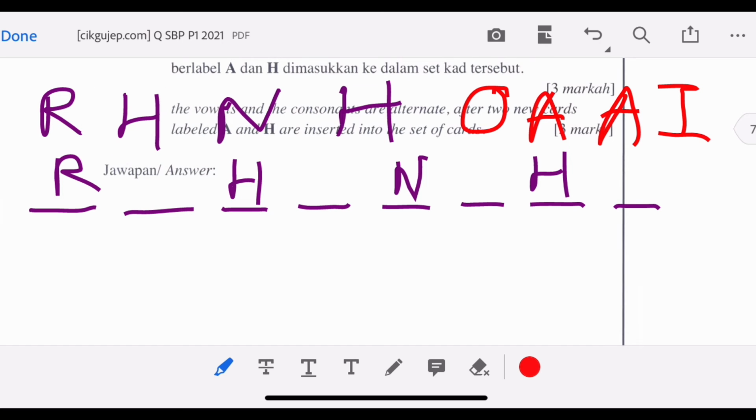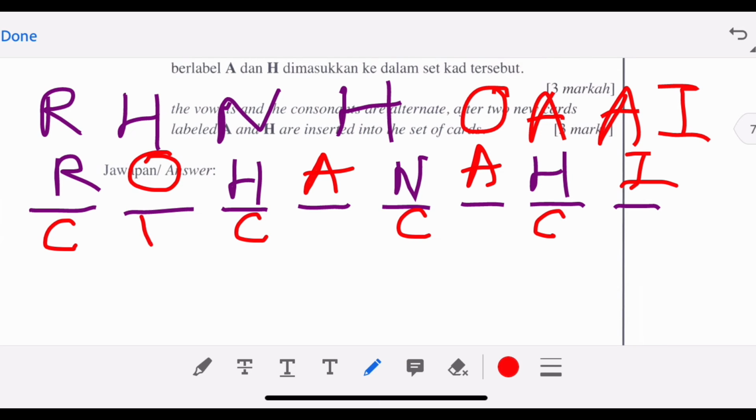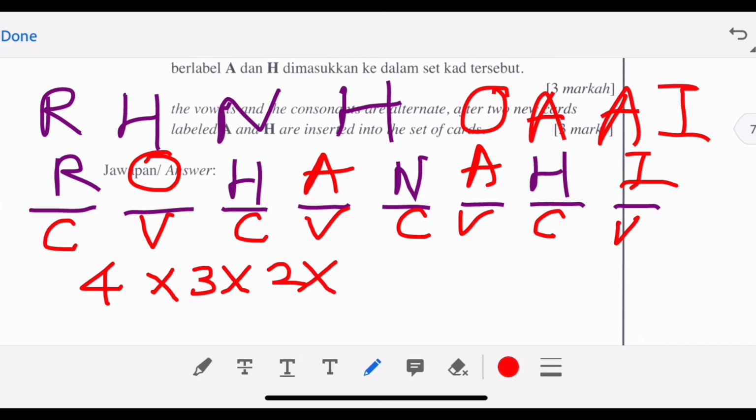Now for the vowels, we start with the O, we start with the A, the A, with the I. So this is the number of ways to arrange alternately. This is consonant, consonant, consonant, consonant. This is vowel, vowel, vowel, vowel. So the number of ways to arrange the consonants will be 4 times 3 times 2 times 1.